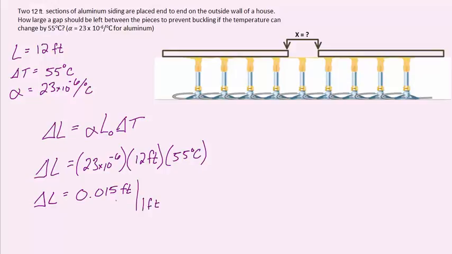So for 1 foot, there are 12 inches. Our feet will cancel out, and we'll be left with our answer, which is equal to 0.18 inches.